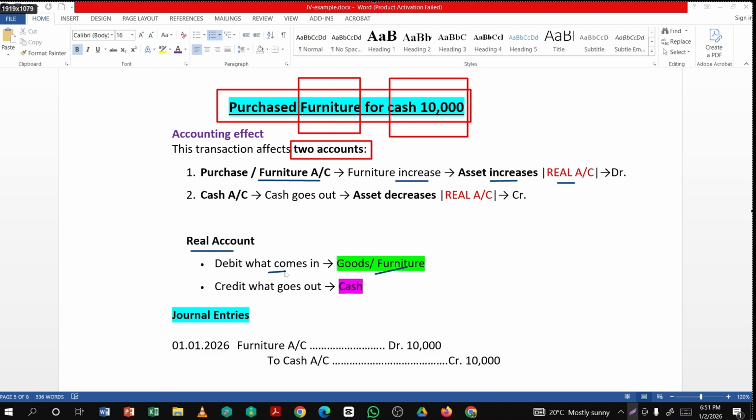Furniture comes in, so asset increases, so furniture account will be debit 10,000. And next, cash account: cash goes out, asset decrease. This is a real account. What goes out? Cash goes out. So cash account is credit. The journal entry will be to cash account credit 10,000 taka. Now we can say furniture account debit 10,000 to cash account credit 10,000.